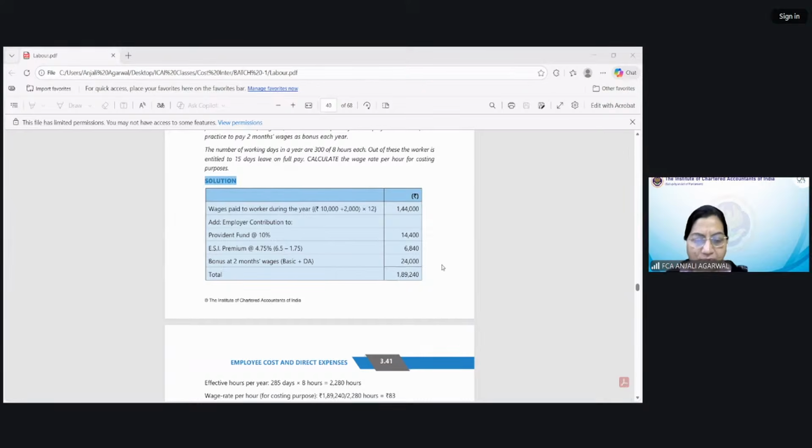So that will also be deducted. 1,68,000 minus 14,400 PF deduction minus 2,520 ESI deduction. So he ends up taking home 151,080.